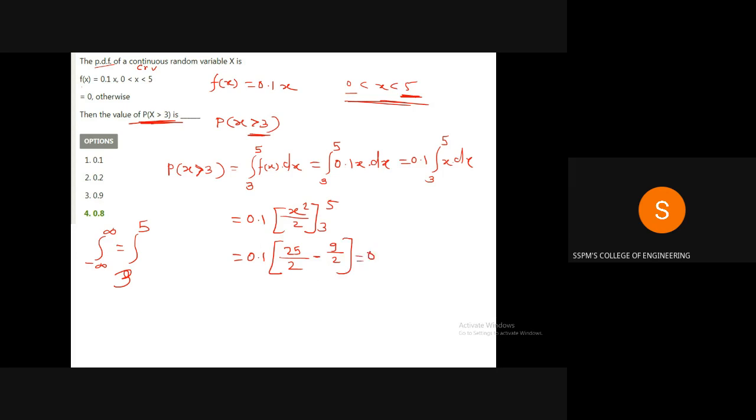The denominator is the same, so the difference in the numerator is 25 minus 9, which is 16, divided by 2, that is 8. 8 into 0.1 is 0.8. So this is the correct option.